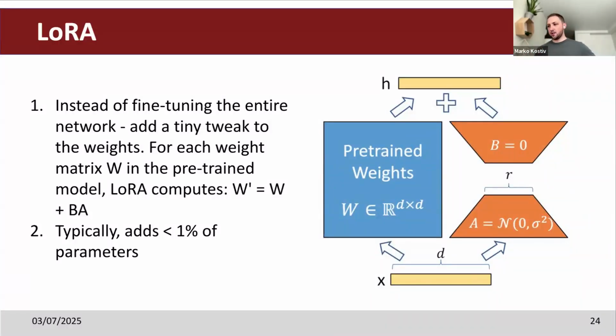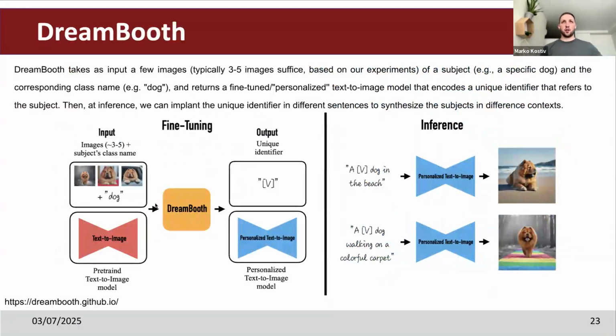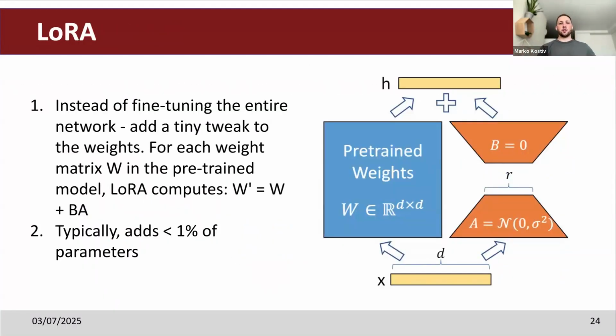And usually, just to generate a picture of your dog, you do not need to tune 5 billion parameters or so. You can usually do that at a much smaller scale. And that's why LoRA was introduced.